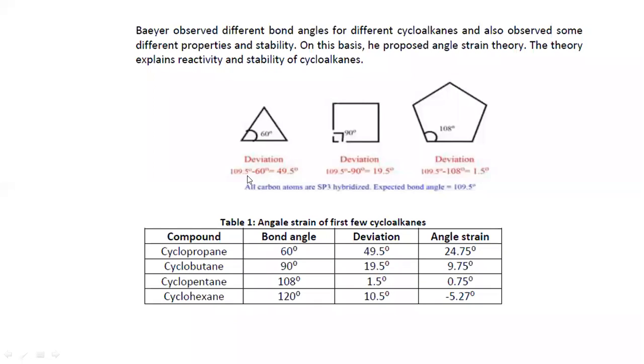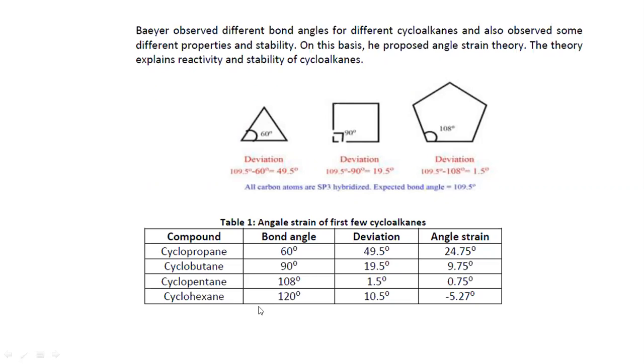So what will be the result? 109.5 minus 60 gives a deviation of 49.5. 109.5 minus 90 gives a deviation of 19.5. 109.5 minus 108 gives a negligible deviation, that is 1.5.